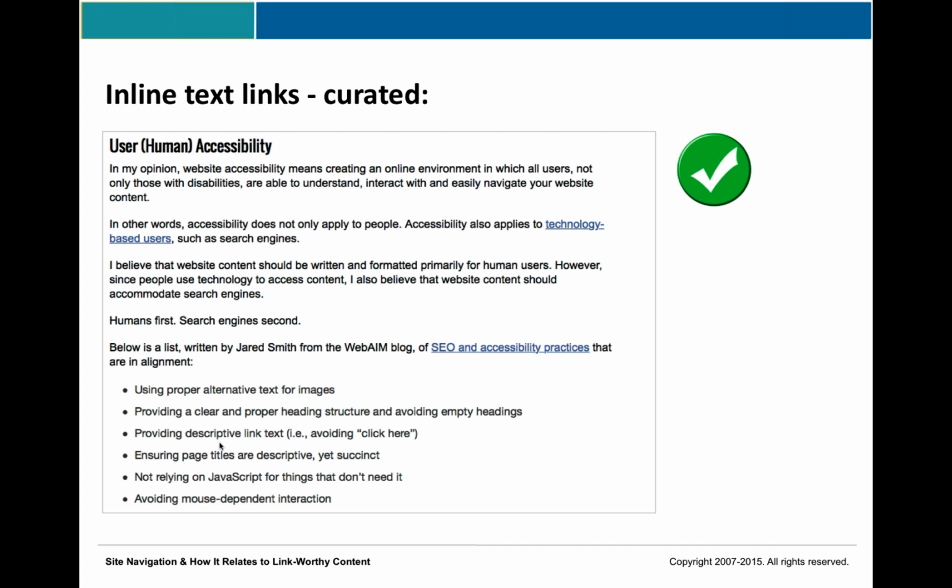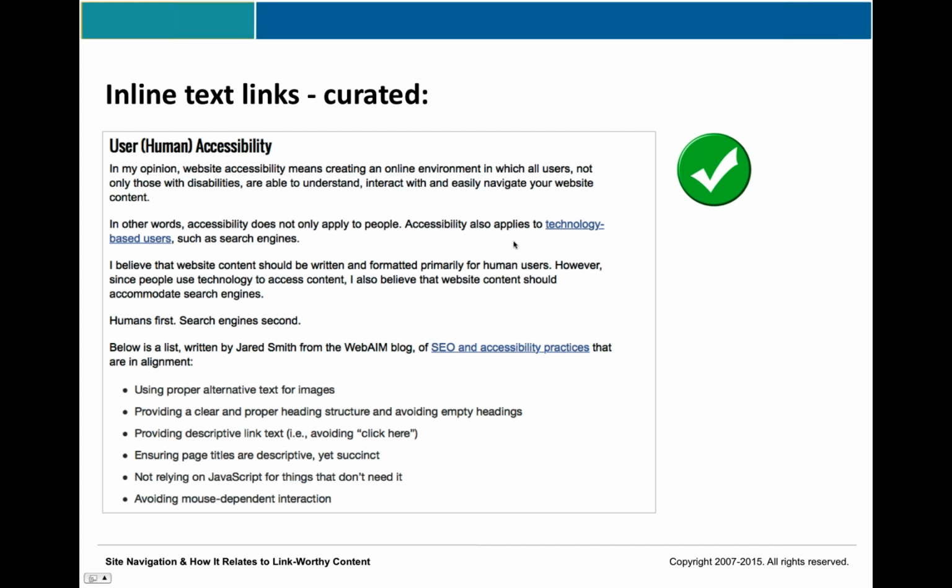Okay. Another thing to know is that there is a term called inline or embedded text links that carry heavy information scent. So whenever you write a blog post, whenever you write any kind of content that's link worthy, try to use relevant inline text links and use them sparingly because you want your content to be easy to read.